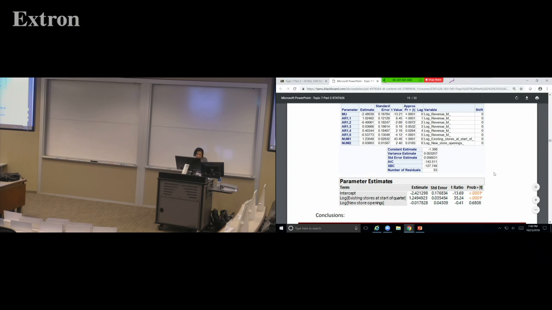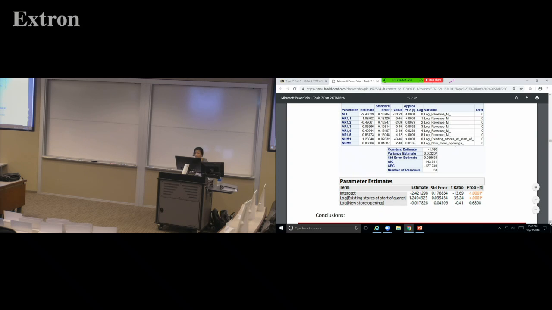What we're able to see is that the predictors are all significant here: log of existing stores and log of new store openings. And so still the same issue, log of new store openings is not significant in the identically independently distributed errors model.